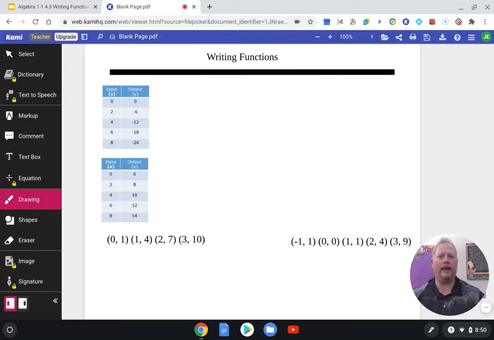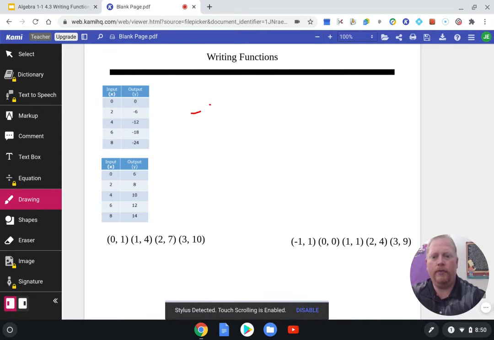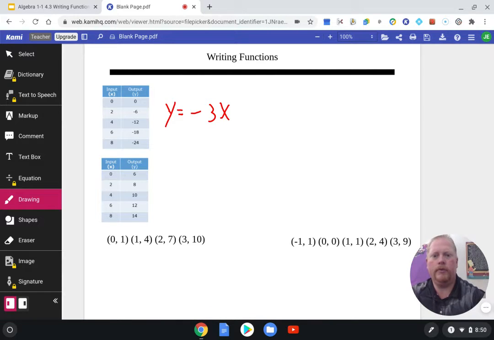There we go. That's the pattern, multiplying by negative 3. So I can write negative 3 times x will equal my y value. And that's my equation. So basically figure out what you have to do to the x to get to the y.